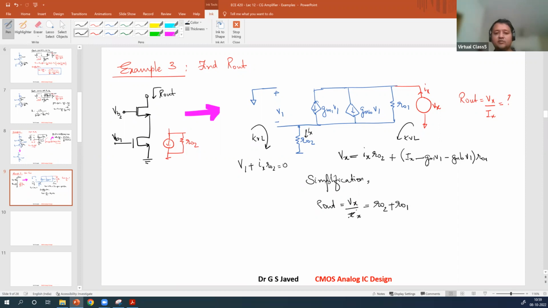Now all the negative terms multiplied by a negative term here will become positive. What is that positive value? GM1 RO2, GMB1 RO2 times RO1. Take RO1 outside. This will become GM1 RO2 plus GMB1 RO2. So this is the total output impedance, right? So understood. The calculation is very simple. You just have to understand how to do it.